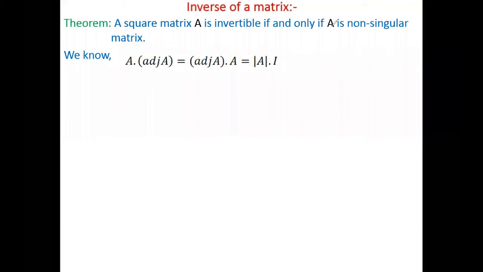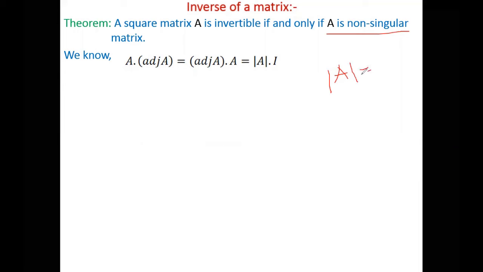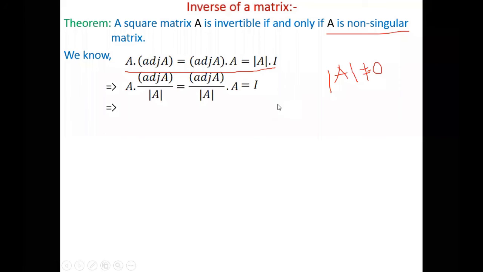Now, as I already told you, if A is a non-singular matrix, then determinant of A is not equal to 0, right? So if it is not equal to 0, we can divide the whole thing by determinant of A. So let us divide: A into adjoint A by determinant A. Okay. Now let us substitute this as B.